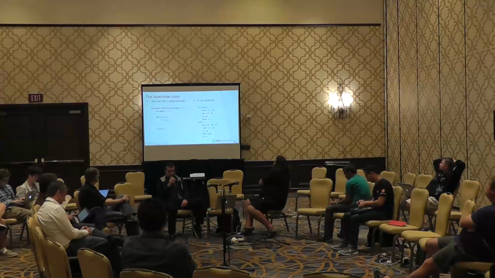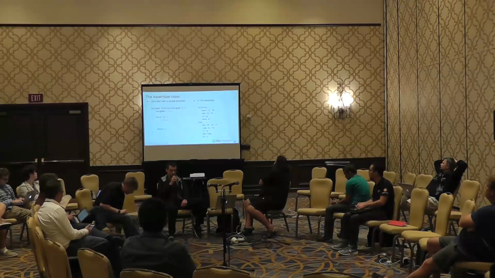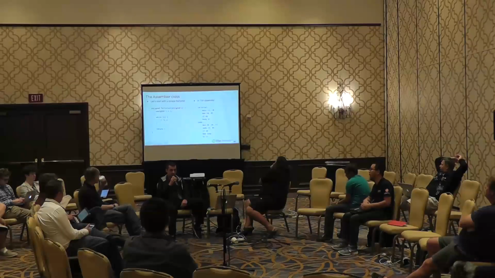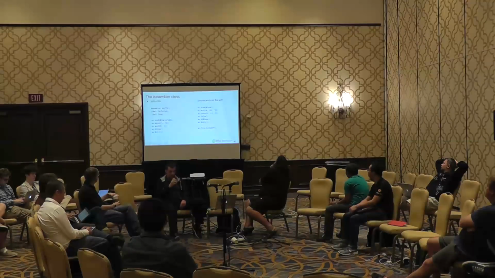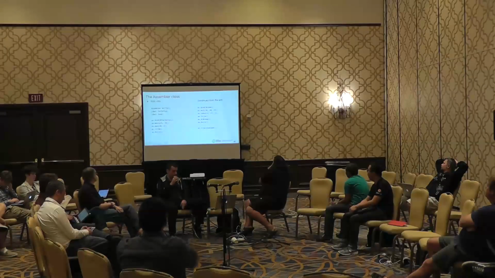And I have a simple example. So on the left you can see the C code for the example, which is just a simple factorial. And on the right you can see the corresponding T32 code. So how does this look like with VIXL? So we define an assembler object, and as you can see, we set the instruction set that we are interested in, so T32 in this case.